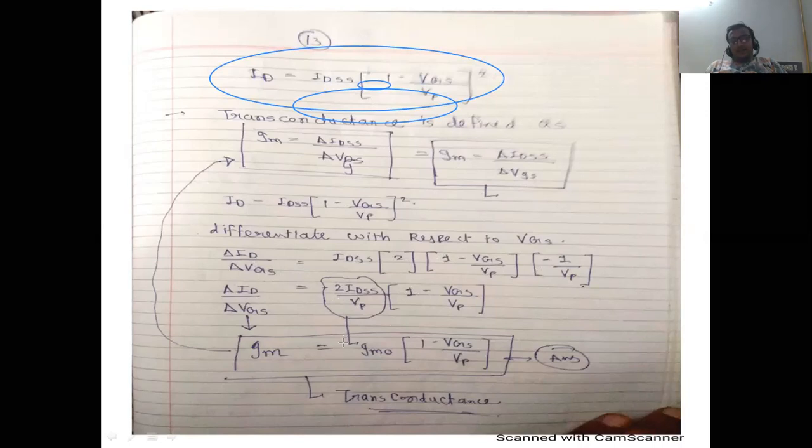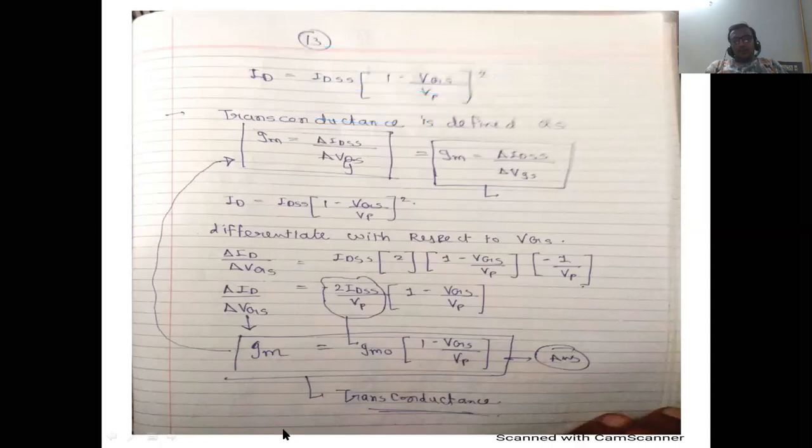This is considered the equation of transconductance. Please prepare this carefully. The final equation is Gm equal to Gm0 (1 minus VGS upon VP).